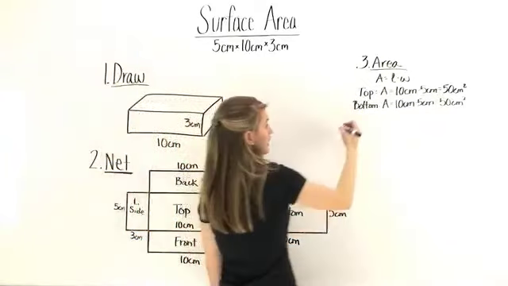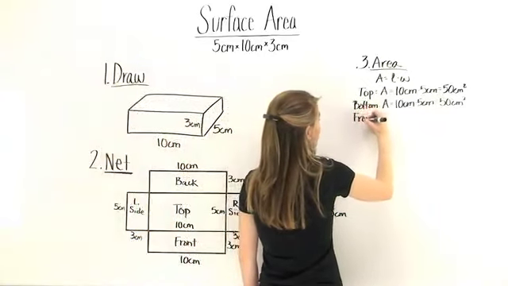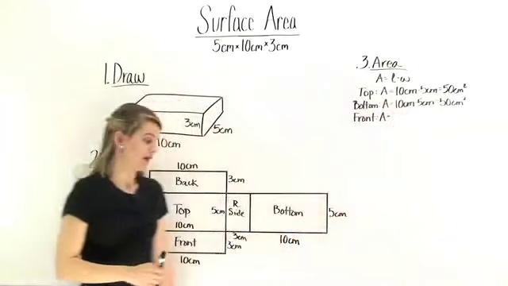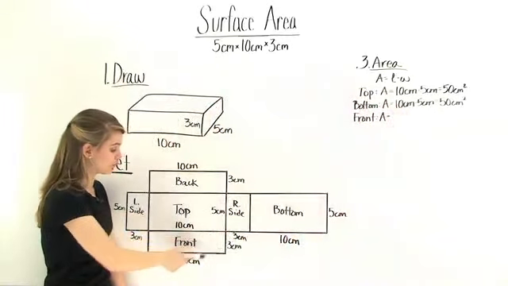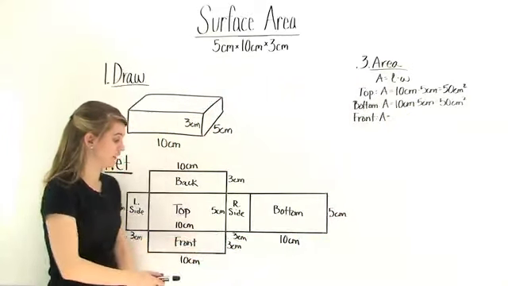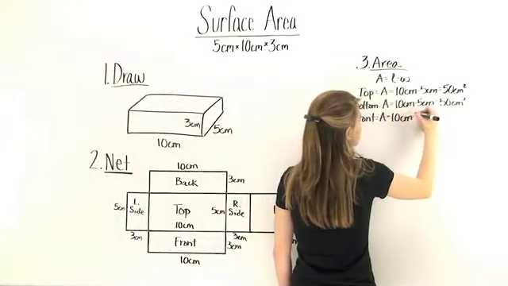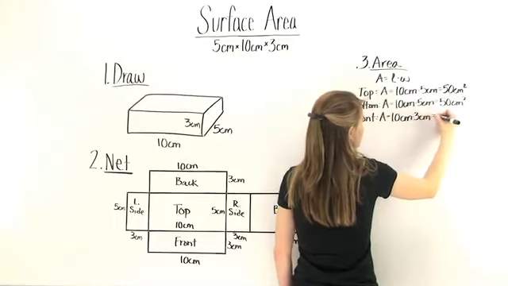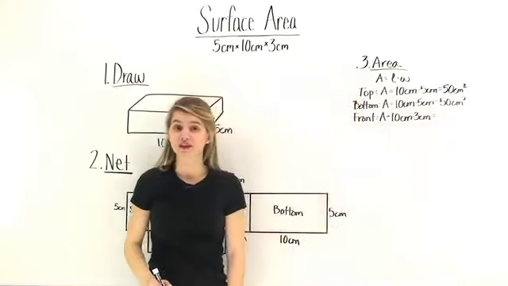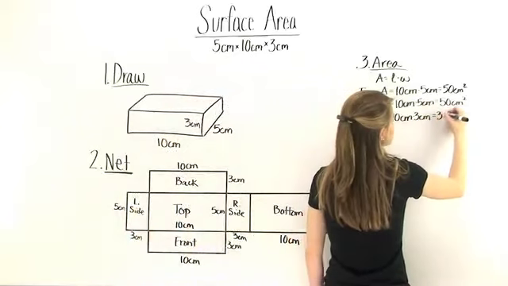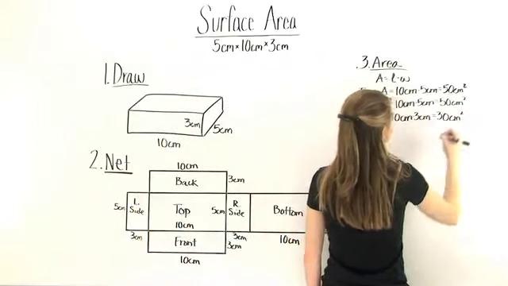Let's begin by looking at the front. Again, to find the area of the front rectangle, we take length times width, which is 10 centimeters times 3 centimeters, equal to 30 centimeters squared.